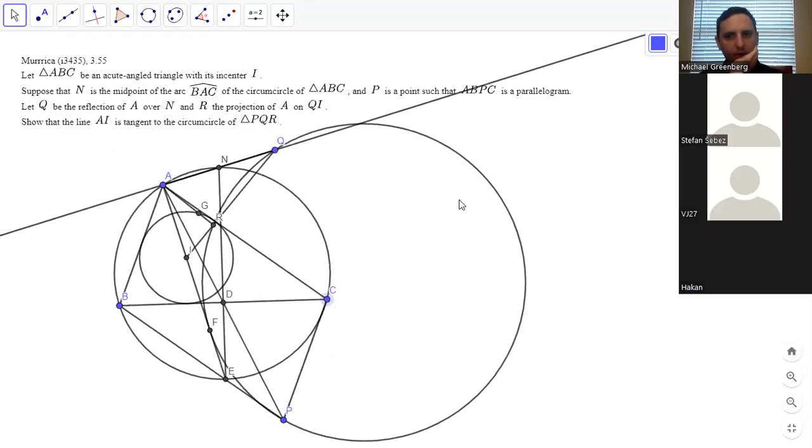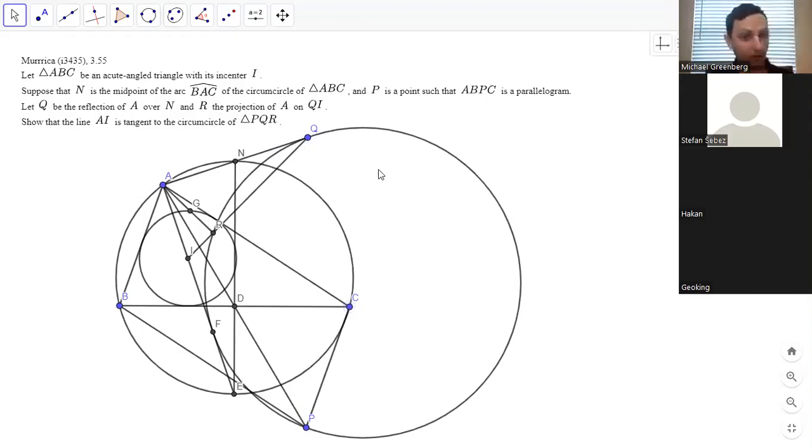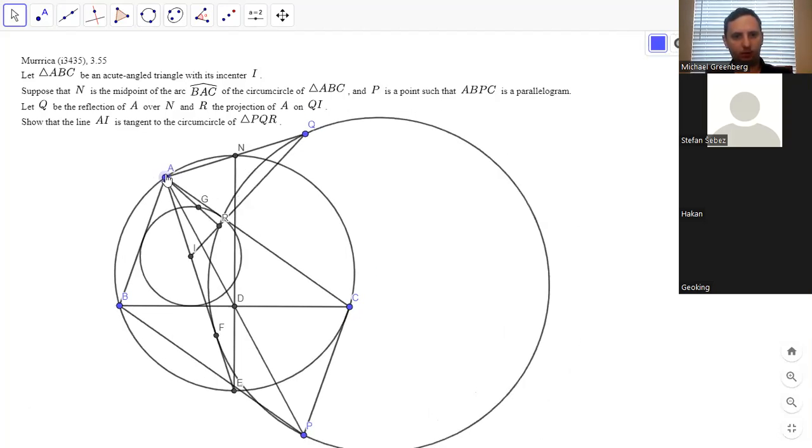No, it's not tangent. So yeah, I'll draw it so it doesn't look tangent. Maybe something like that.